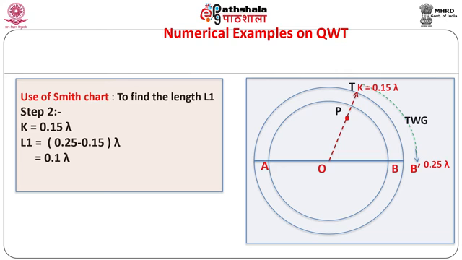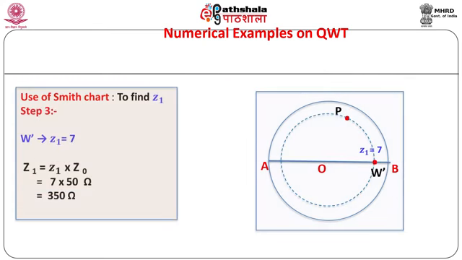In the problem under consideration, we have K is equal to 0.15, hence L1 is equal to 0.1λ. To determine the real normalized impedance z1, draw a circle of radius OB with O as its center. Note the reading at point of intersection W' of the circle with radius OB of the Smith chart. The reading at point W' represents the value of real normalized impedance z1.